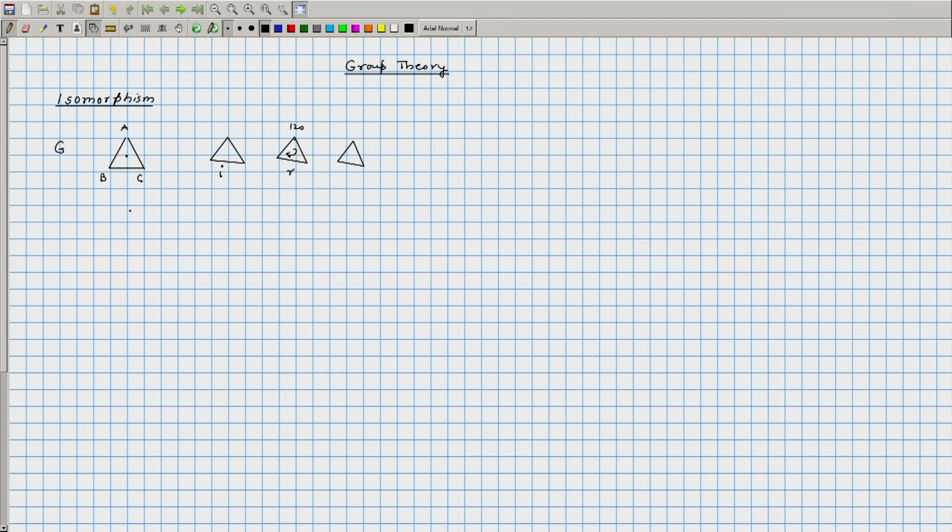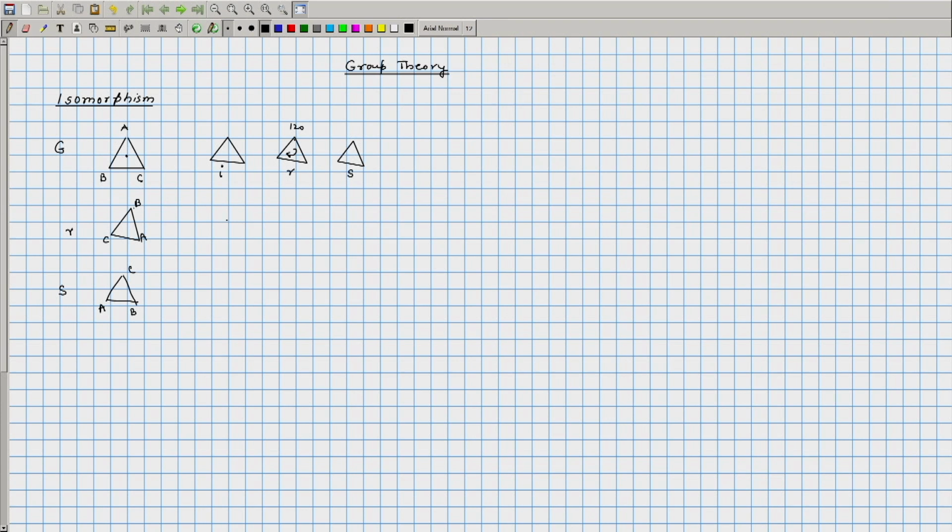So, R would send vertex, if you look at R, this is the permutation that sends A to the position of C and C to B. If you rotate once more, let us denote that by S. So these are the 3 corresponding to rotation, and then you can reflect about any one of the axes.